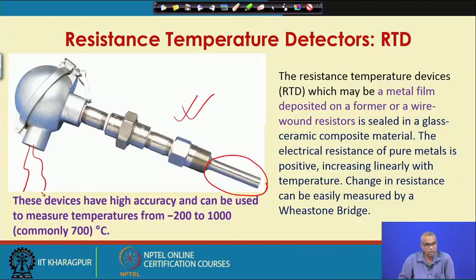You can establish first the null point and then can expose this to the medium whose temperature you are measuring. Due to change in resistance, there will be an unbalance in the bridge and accordingly you can measure the change in resistance, and that can be related to the temperature. These devices have high accuracy and can be used to measure temperatures from -200 to 1000 degrees Celsius, although commonly it is used up to 700 or 750 degrees Celsius.